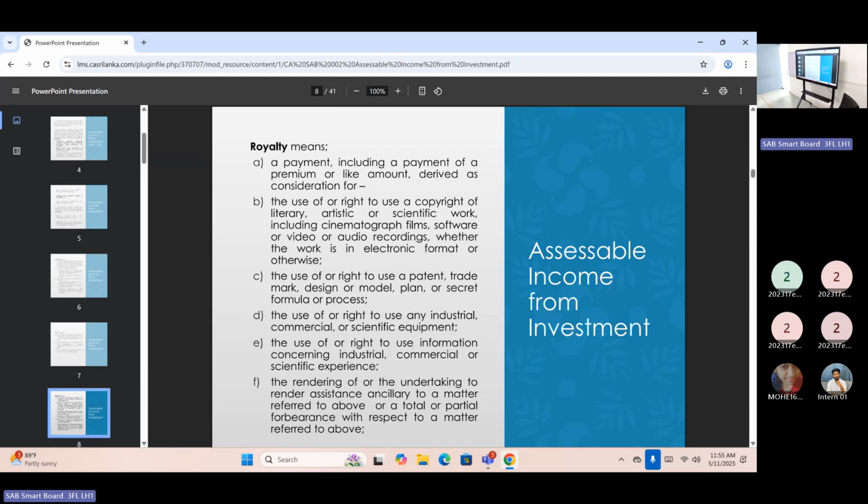The brand is used and they are selling it. Secret formula, the chocolate industry, recipes. With McDonald's, we are paying for their recipes.